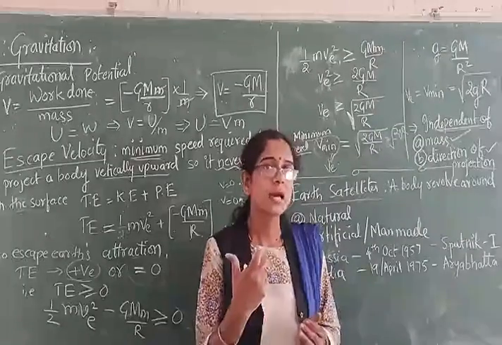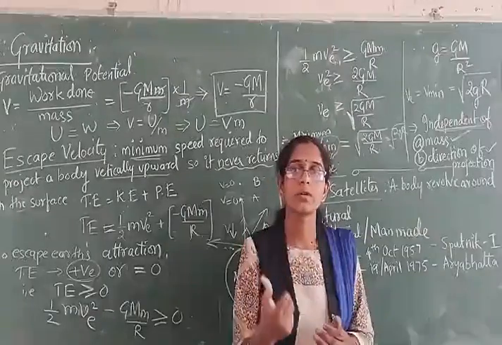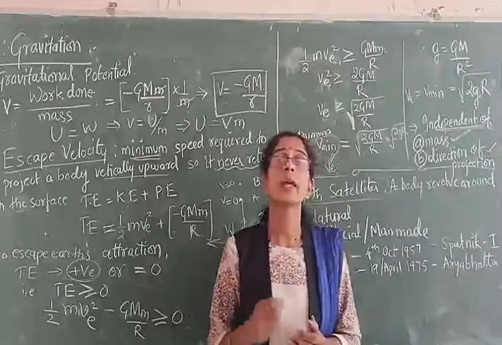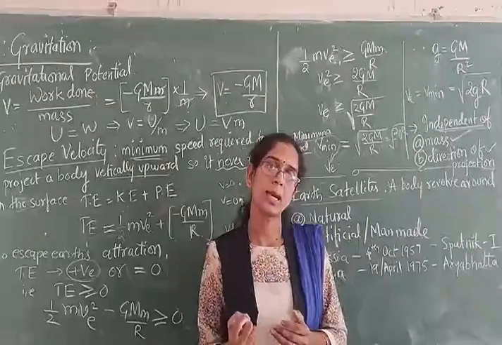Since these are heavenly bodies revolving around the Earth, they are also termed satellites, but they are given the name artificial satellite.